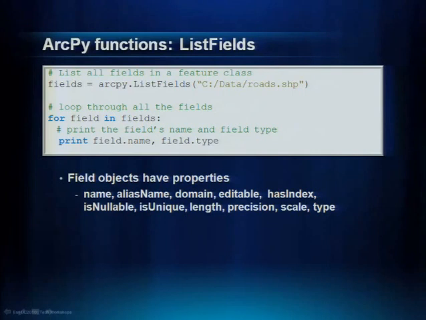We want to print the field name and the field type. The objects that are returned in list fields are a little bit different than in our previous list example, list feature classes. List fields actually returns a group of field objects. And these field objects have a number of different properties, like name, type, and alias name, that you can use to get specific information about that field.